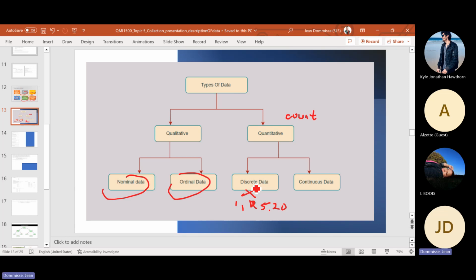Unless they set height in meter, then we know it's a discrete number. The same goes for asking how far you are staying in kilometers from your work or from UNISA.